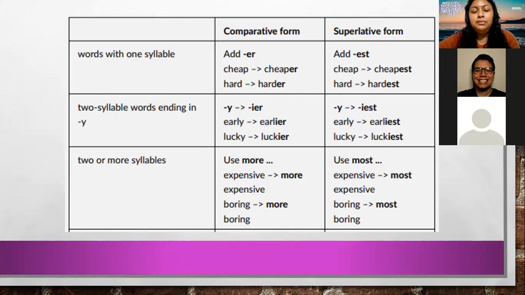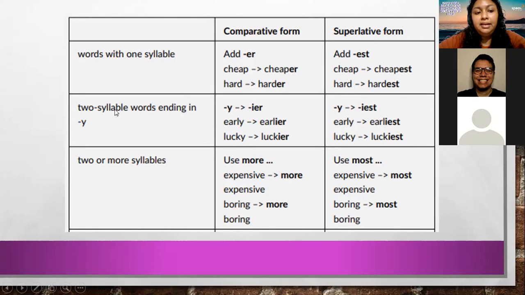So if we have one syllable like cheap, hard, we count syllables by clapping. We say it at once, one time, cheap. We don't break the word, so there is only one syllable. And we have to add -er if we are comparing two items. And if we're comparing more, like from 5, and you want to focus on only one, then we use the superlative. We say the, and after that we add -est, like you said. As a result we have the cheapest, the hardest.